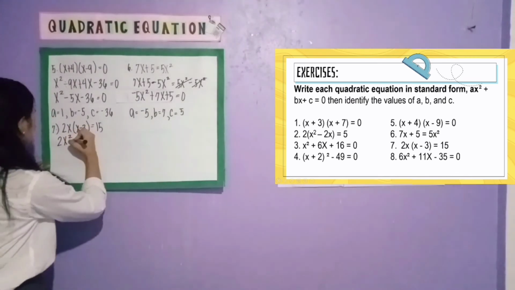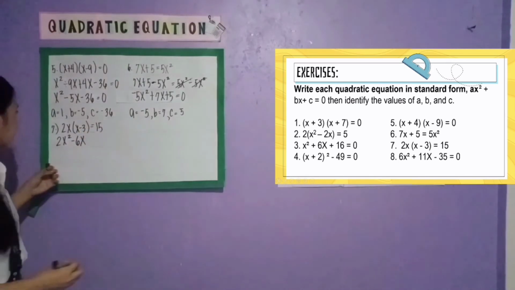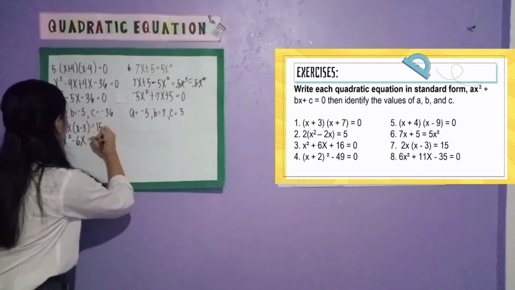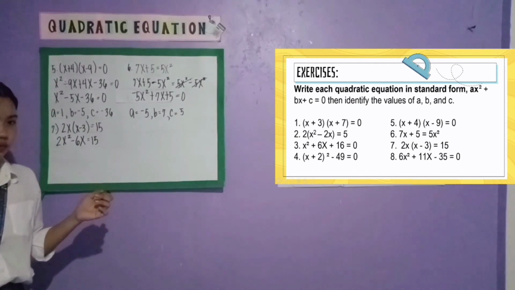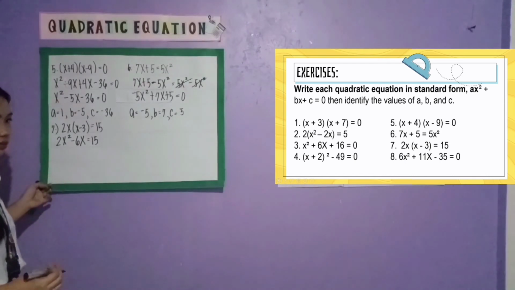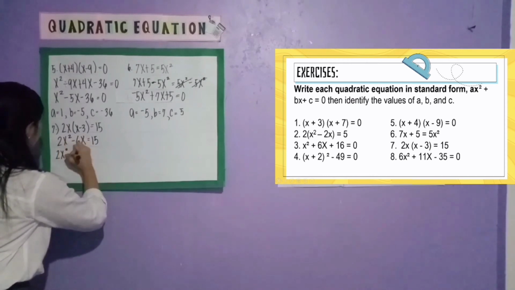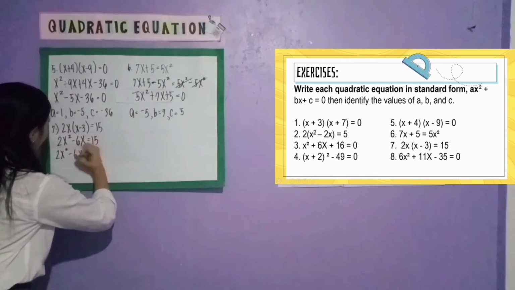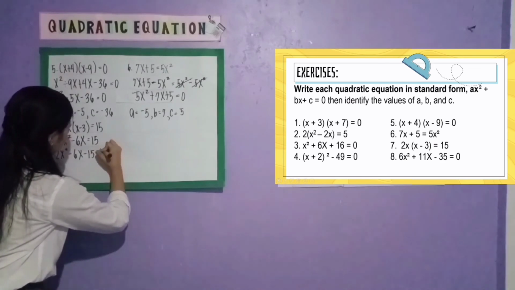That's correct. Negative 6x. Then copy 15. Now, we will move 15 to the other side. Okay. 2x squared minus 6x minus 15 is equal to 0.